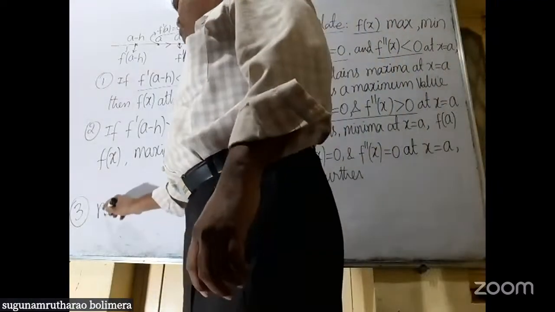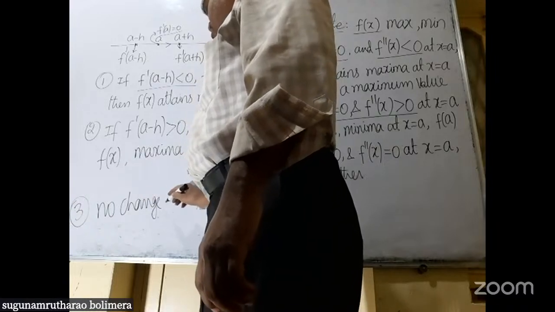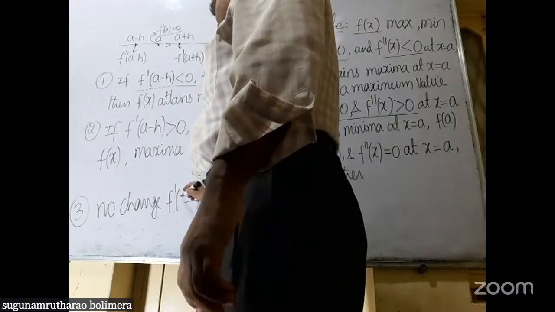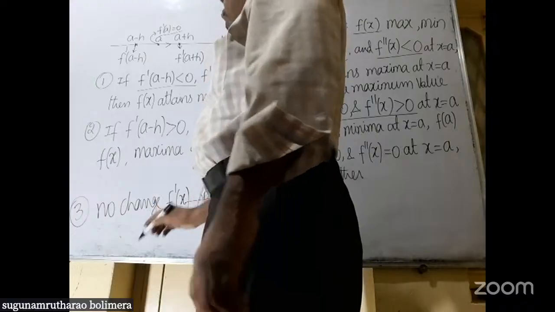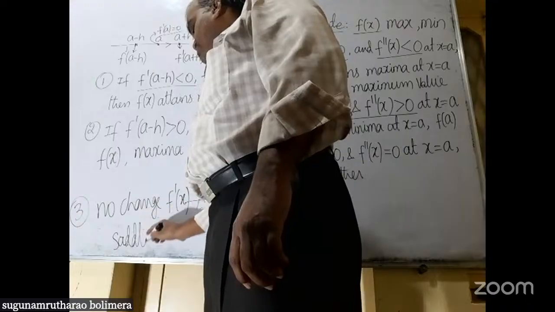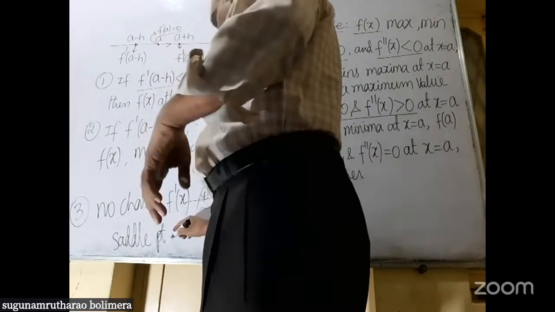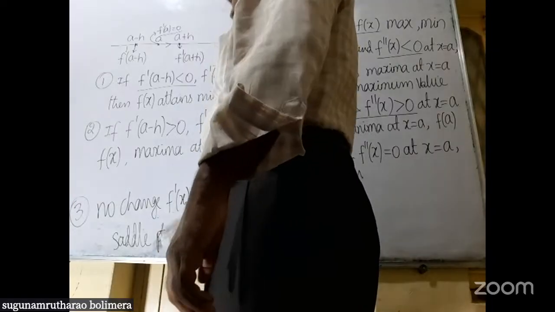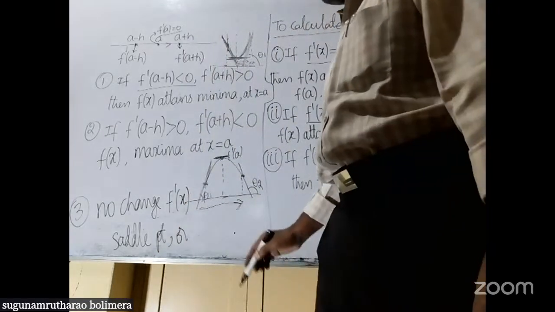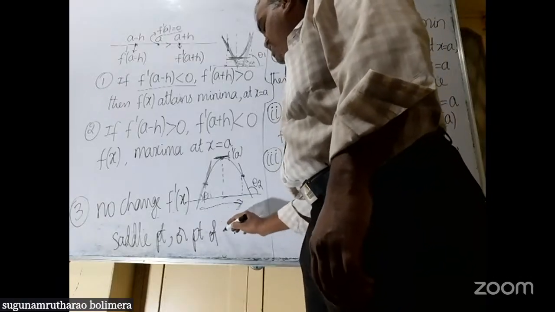No change for f dash of x from left to right. Such a point is a saddle point, or point of inflection.